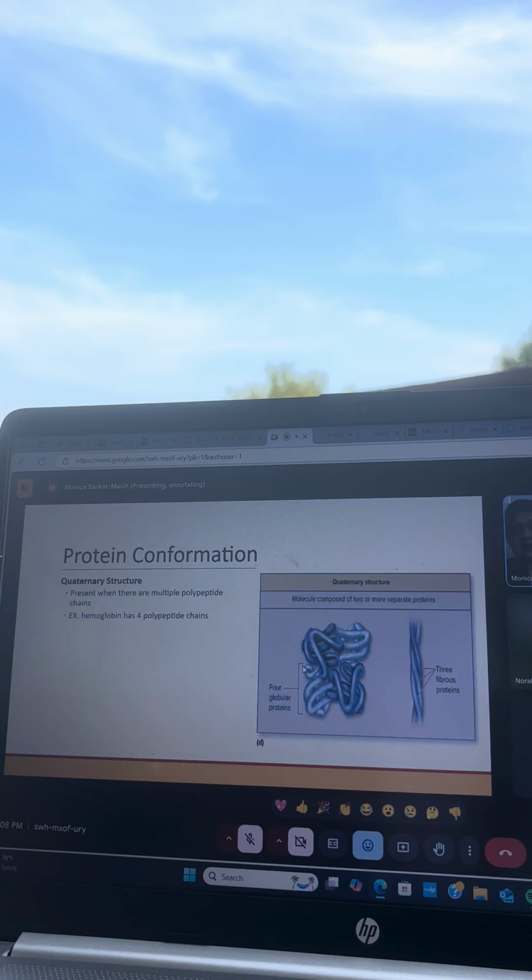And then the last one is the quaternary. So what is different here? What is this quaternary structure? You have more than one protein. Till the tertiary structure, it is only one protein which is further getting modified.